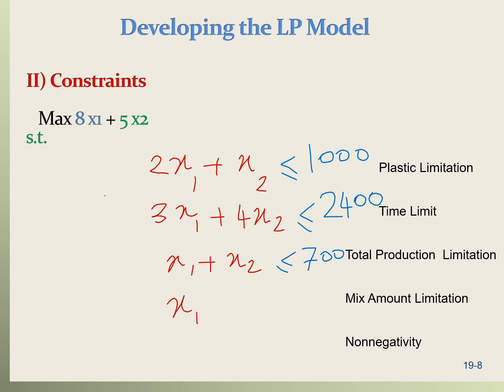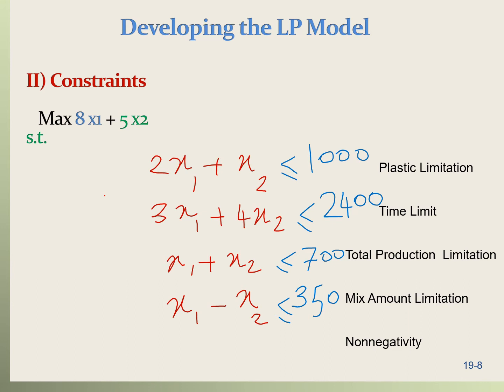The amount by which x1, the space rays, exceeds the zappers would be x1 minus x2. So this is the amount of space rays more than the zappers. This should not exceed 350.